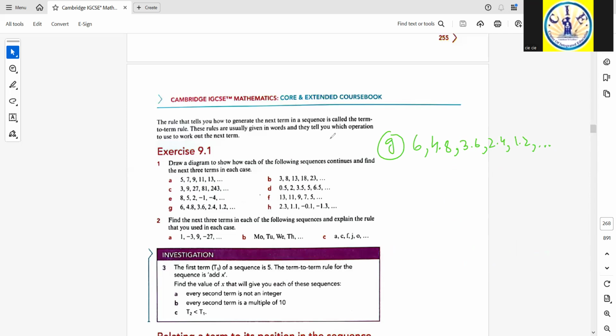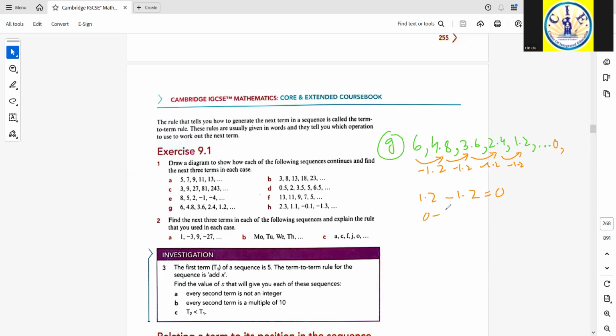So the number that we are getting to be subtracted, 6 minus 4.8, that is 1.2. So 1.2 is being subtracted in this case as well, in this case as well, and in this case as well. So after 1.2, we subtract 1.2, that is 0. So the next term is 0.